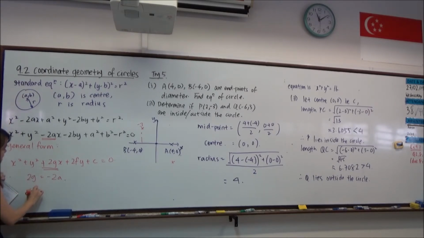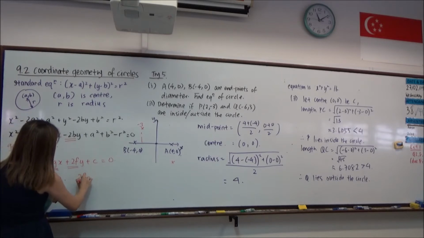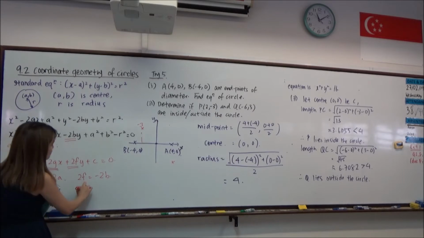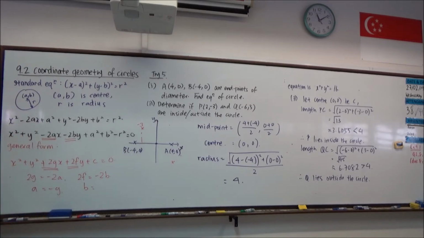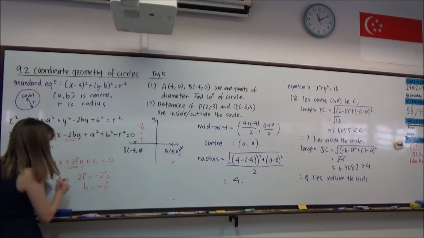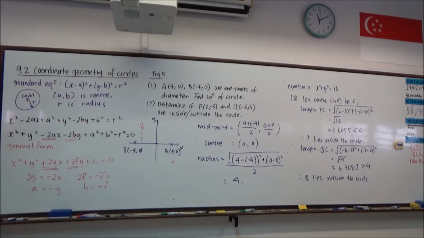So the value of A will be negative G. Then 2F is the coefficient of Y, and that is negative 2B if I consider the expanded form of the standard equation. So 2F equals negative 2B, and therefore the Y coordinate of the center will have to become negative F.